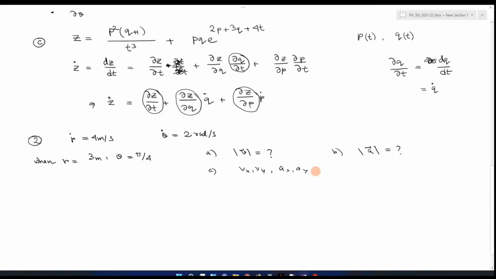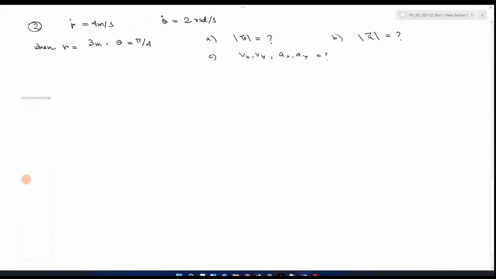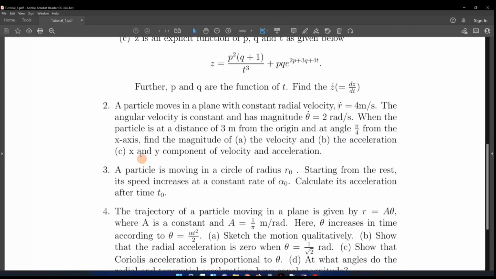This is the question. So this is a problem from the polar coordinate system, right? It's given that the particle moves in a plane with constant radial velocity.